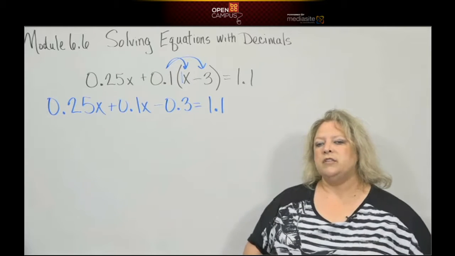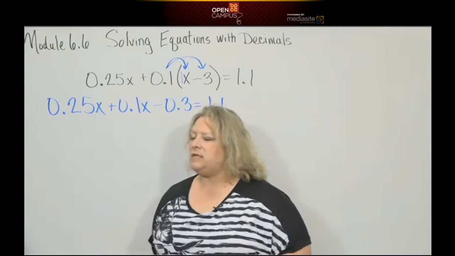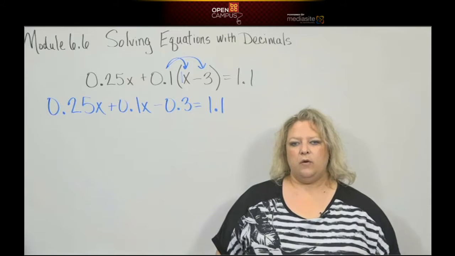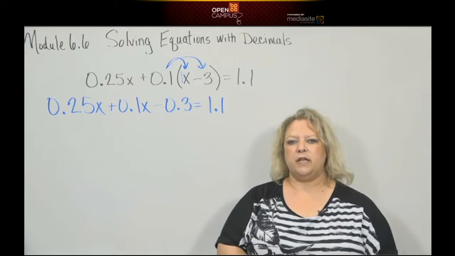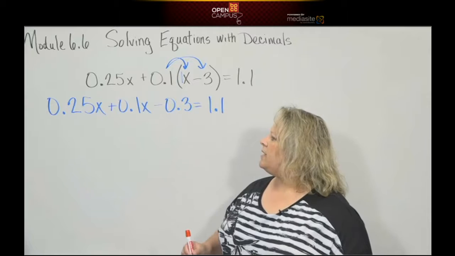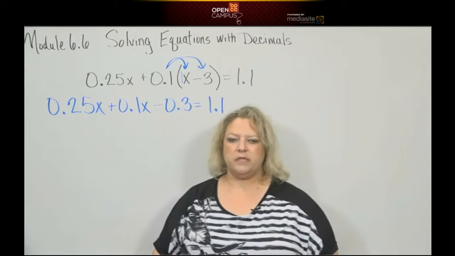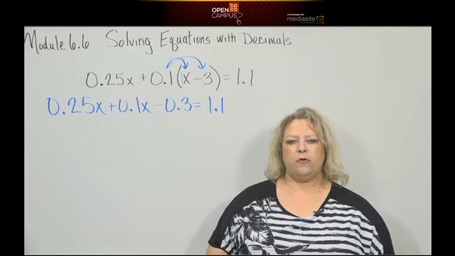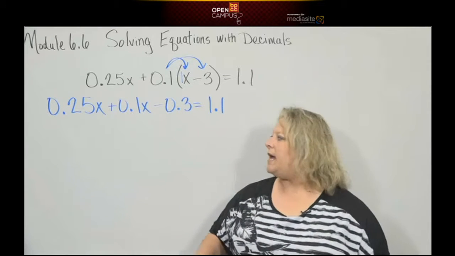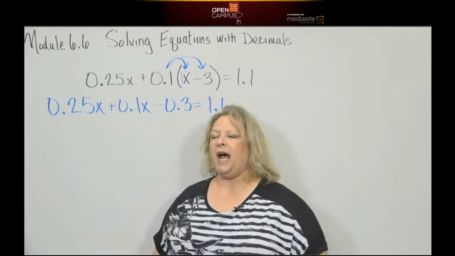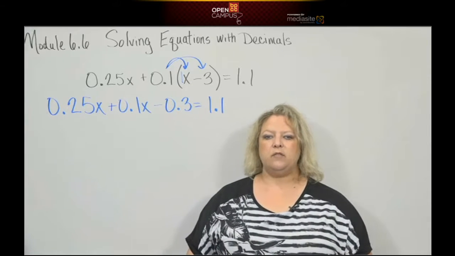All right. So now that we got rid of our parentheses, the next step I said was to make sure that you get rid of your decimal point. And to get rid of the decimal point, here's what we do. We have 1, 2, 3, 4 terms in our equation. Out of those 4 terms, whoever has the most numbers behind the decimal point is the winner.